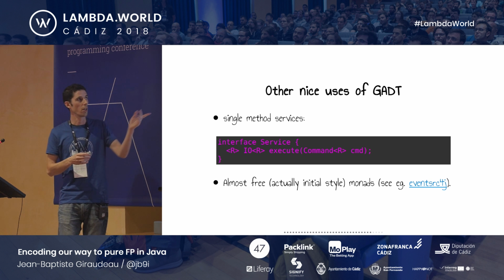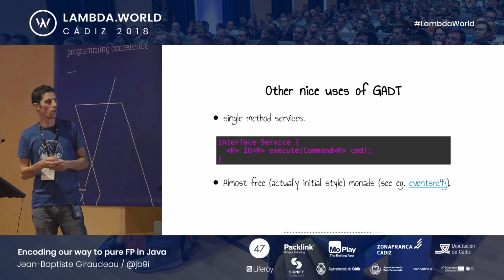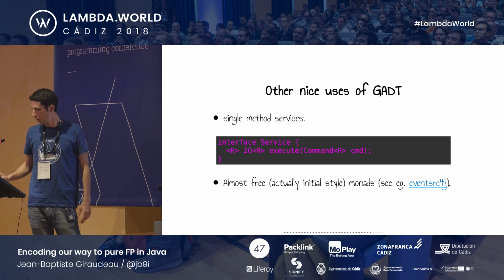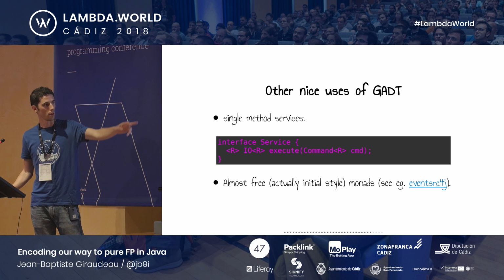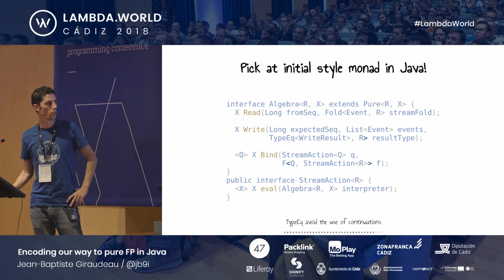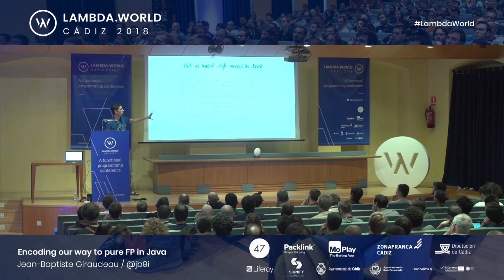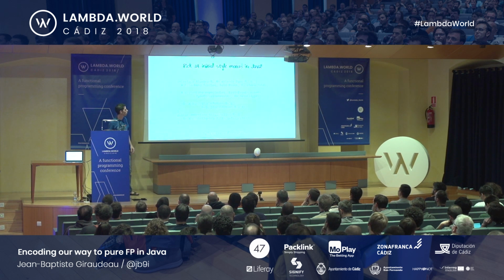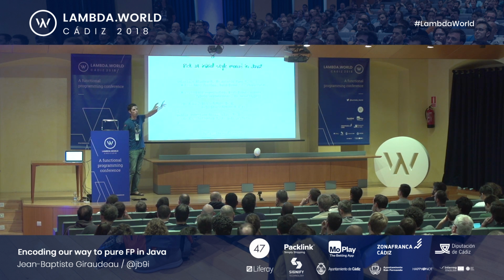You can also use GADT to implement almost free monads. This is an example in this project, Eval Interpreter. It's quite a bit of boilerplate, but here's a peek of how you would do that. You have this algebra. This is for event sourcing.